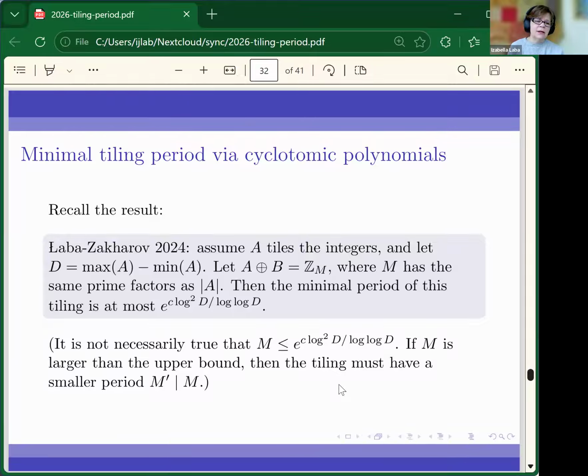So let's recall the result that I'm trying to prove, assuming that d is the diameter of A. I'm given a tiling A plus B equal to Z_M. I'm also assuming that M has the same prime factors as A. And then I want to prove an upper bound on the minimal period of that.